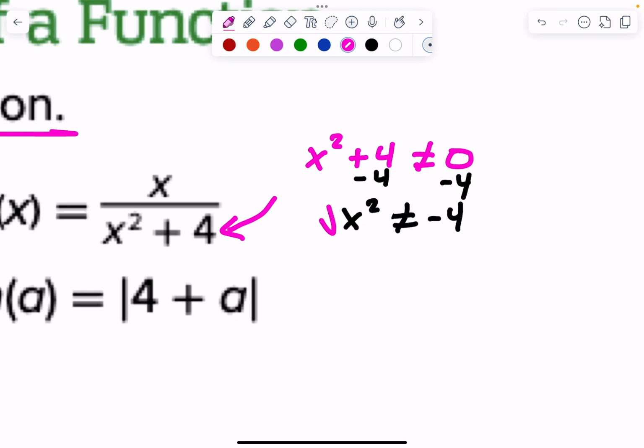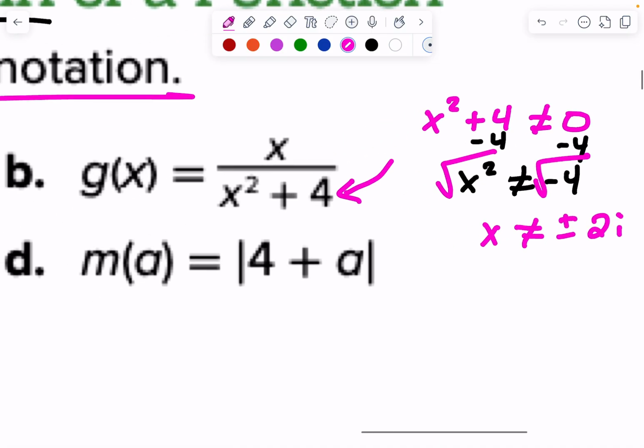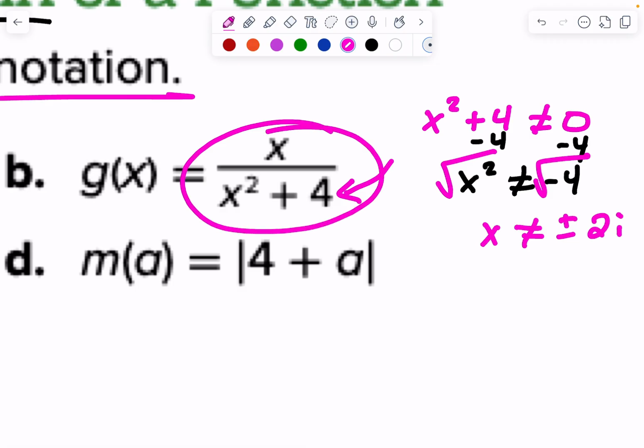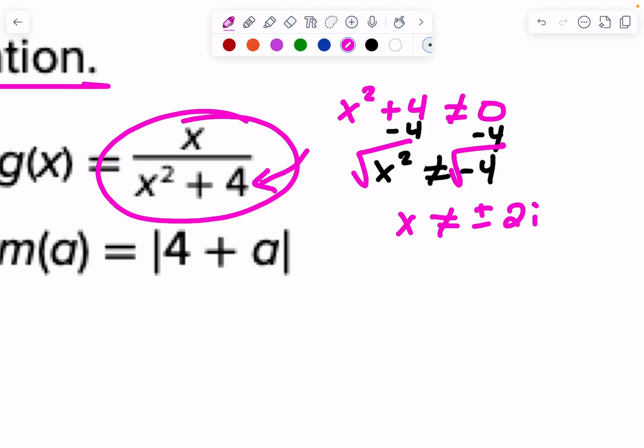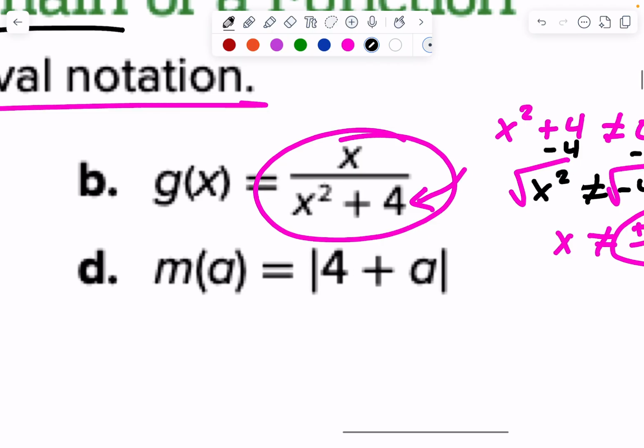And if I take the square root, x can't be plus or minus the square root of negative 4. The square root of 4 is 2, but the square root of a negative is an imaginary number. So what this is saying is that x cannot be this imaginary number. That means x can actually be anything it wants to be.